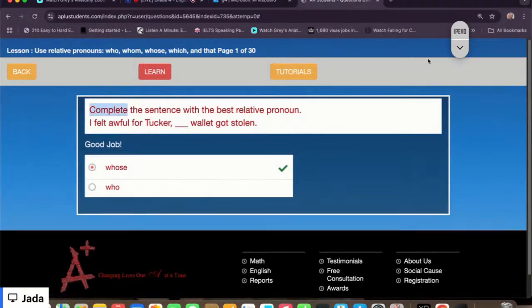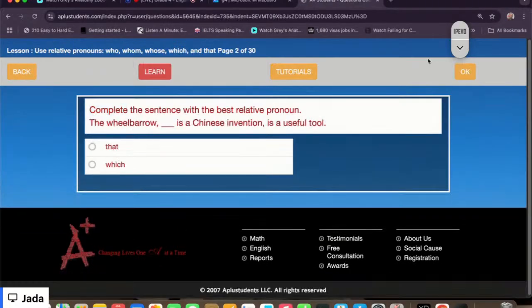It's showing possession, right? The wheelbarrow dash is a Chinese invention, is a useful tool. That or which?